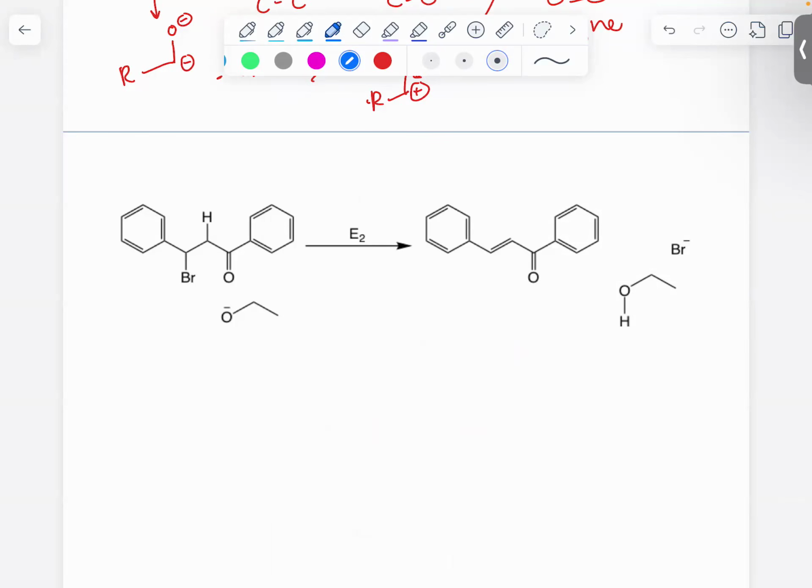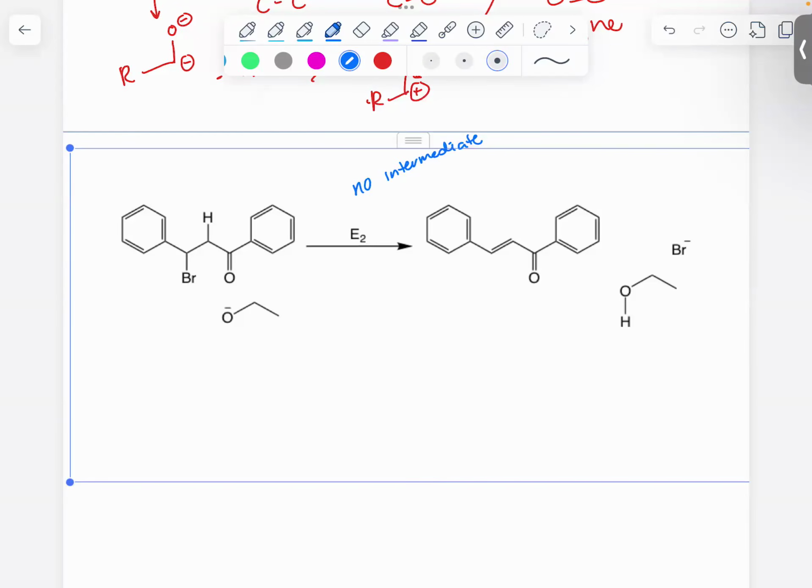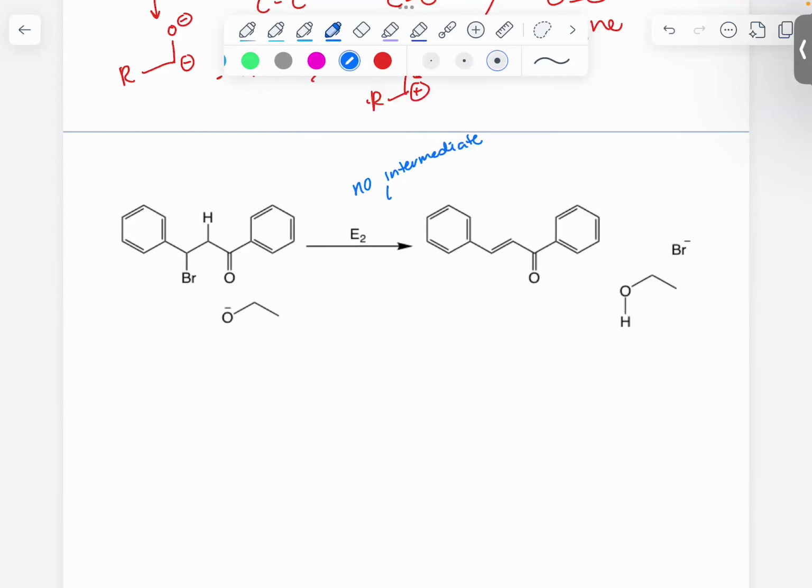What does it mean that it's E2 instead of E1? No intermediate. AKA, it's a concerted reaction.